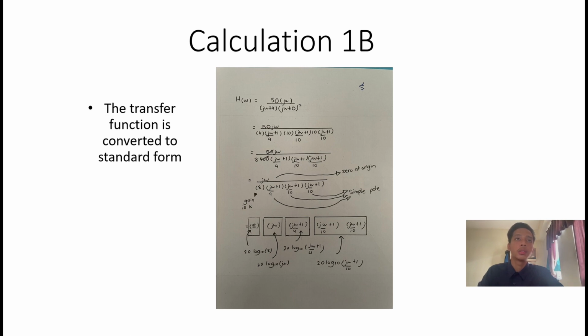So 50 over 400, which is jω over 8, times (jω over 4 plus 1) and (jω over 10 plus 1). And we know jω is a zero at origin, 8 is K, and jω over 4 plus 1 and jω over 10 plus 1 are simple poles.